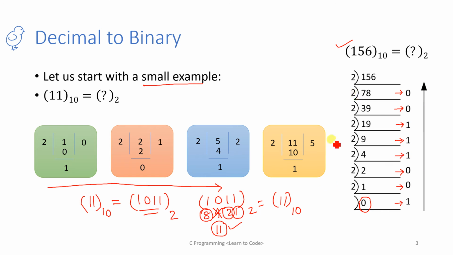So the answer will be like this. That means 156 in decimal is equivalent to 10011100 in binary. Got it?